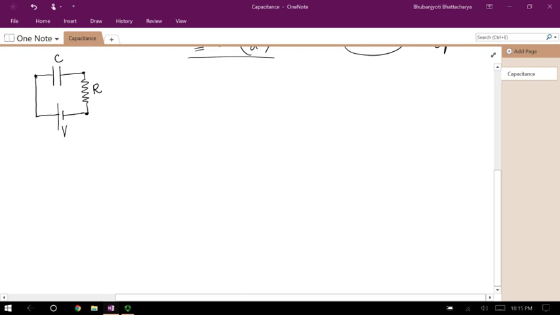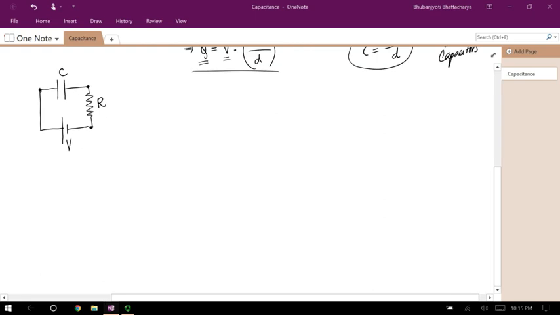Now let's try to write the rules for this circuit, determining how much charge gets deposited on the capacitor, how much current flows through the resistor, and so on.